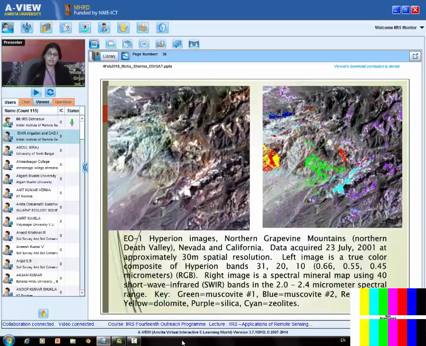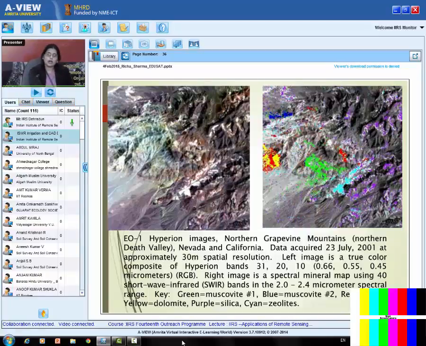Now the last example I am showing you is the Hyperion image for the Nevada area, California. The data in this image, the left-hand side image you are seeing, was acquired on July 23rd, 2001.